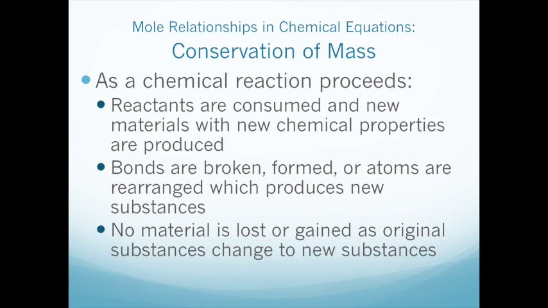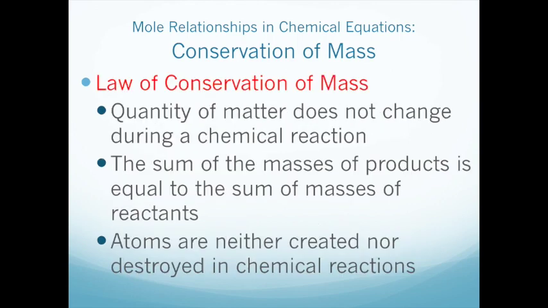Bonds are broken or formed, atoms are rearranged. This produces new substances, but no material is lost or gained as the original substances change. This is actually a physical law that is never violated. The quantity of matter never changes.